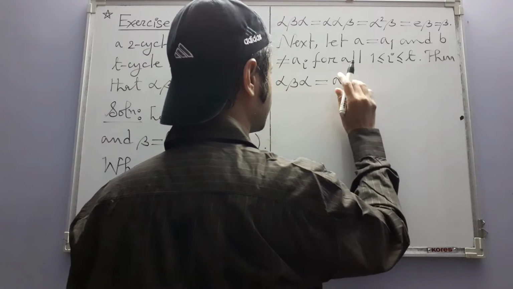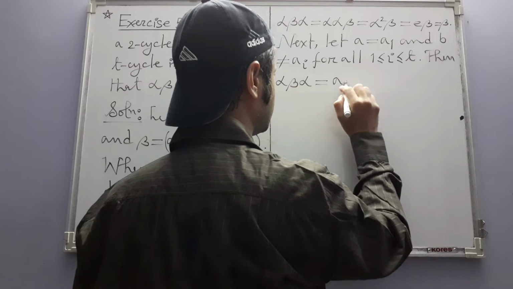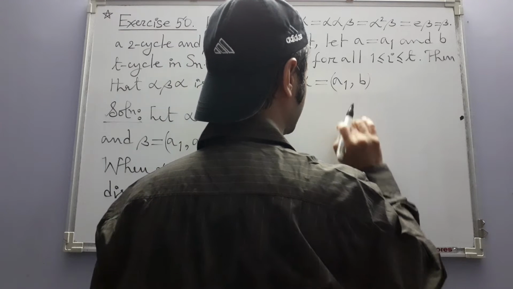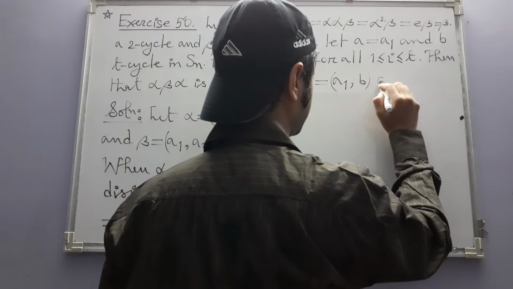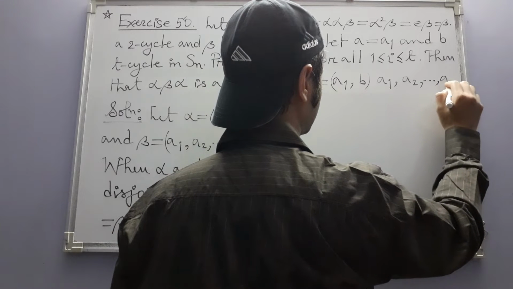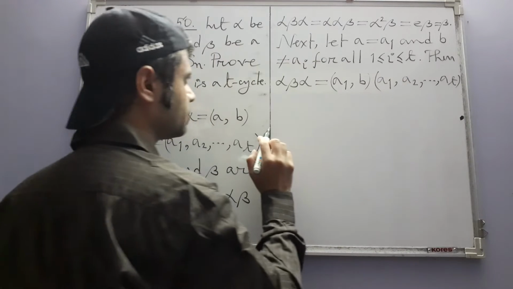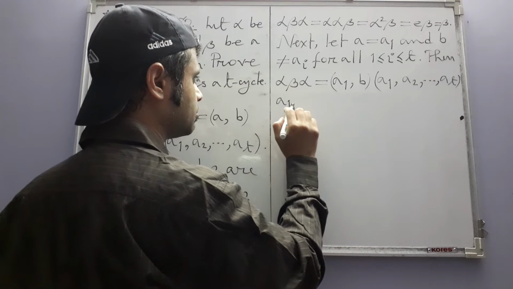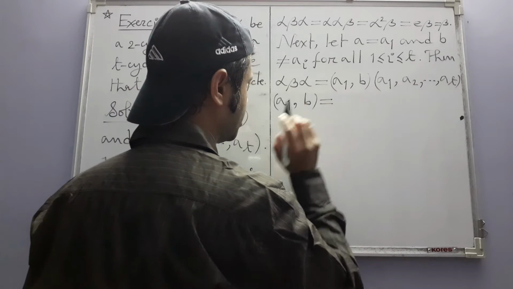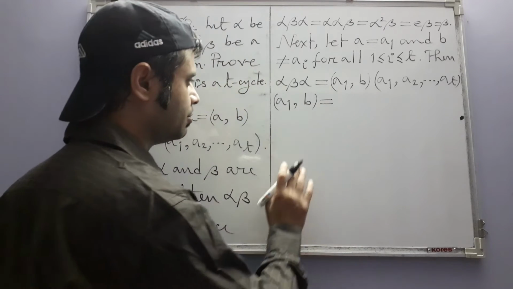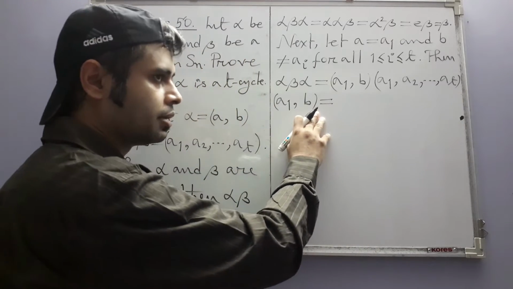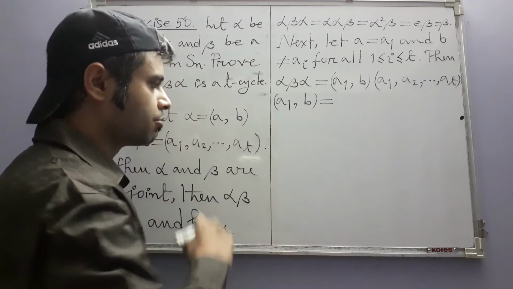Let us write this also as (A1 B), and B is of course B, and then we write beta, (A1 ... At), times again alpha. Now we are going to calculate this product, where again we recall that things start from this side. That is, you start from the rightmost end of such a product and then move leftward.